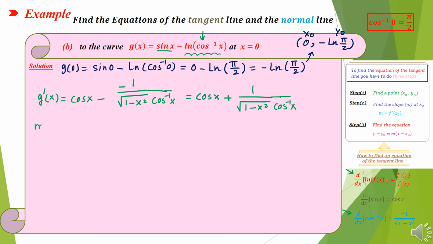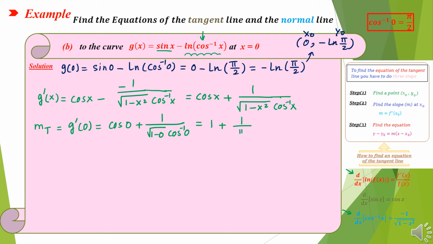So the slope m of the tangent line equals g prime of 0, and you will get cosine of 0 plus 1 over square root of 1 minus 0 multiplied by cosine inverse of 0. Now cosine of 0 equals 1, plus 1 over cosine inverse of 0, which equals pi over 2, multiplied by 1.